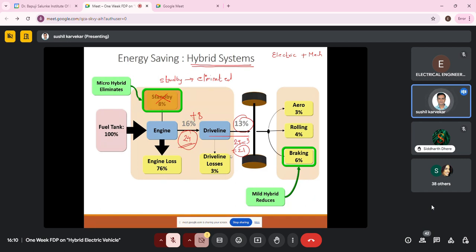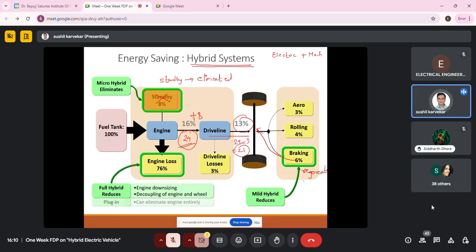In addition, this 6% is further added because in braking we are making use of regenerative action, which injects the energy back into the battery. So this was eliminated and this is reduced to a great extent.